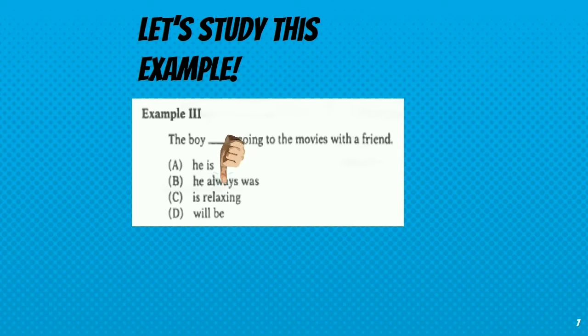Answer A is incorrect because it's going to be a double subject. Answer B is also incorrect for the same reason. Answer C would be a double verb. We already have going, so no need to add another verb. Therefore, the best answer is D, will be.